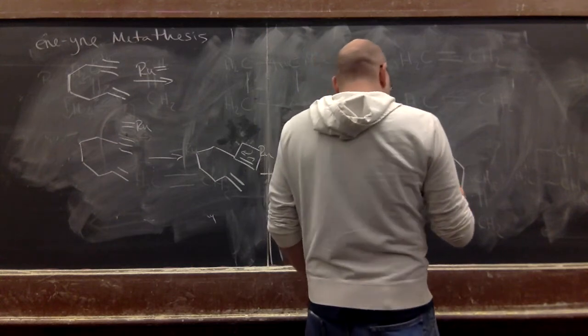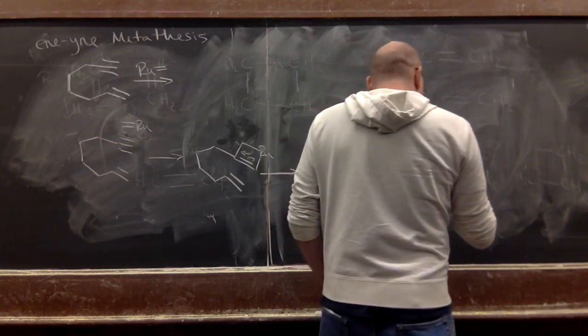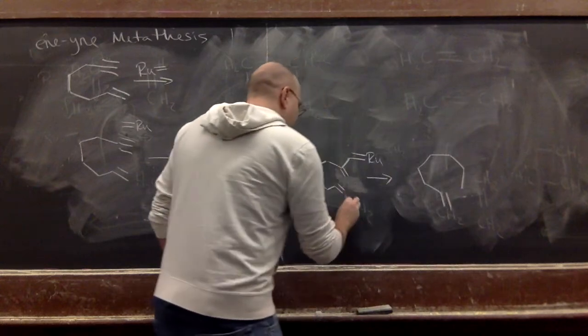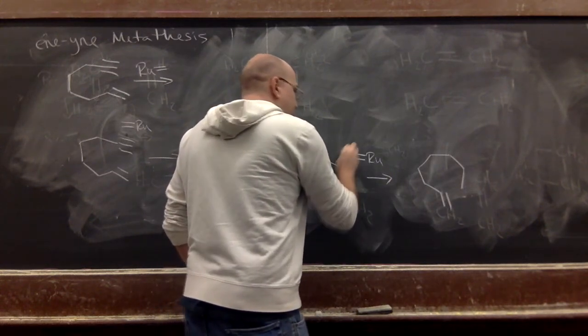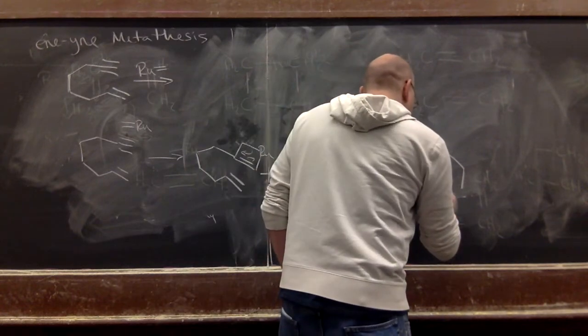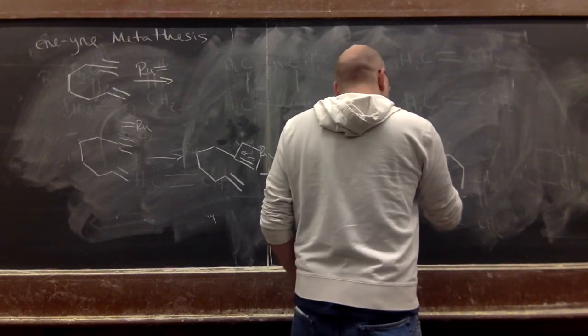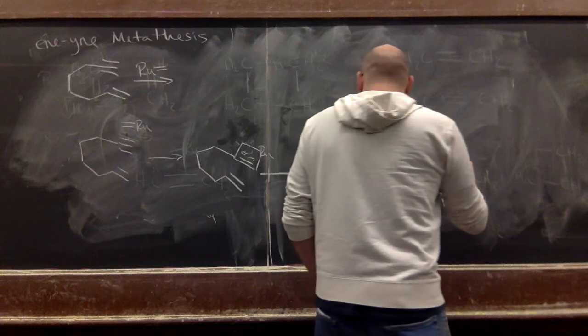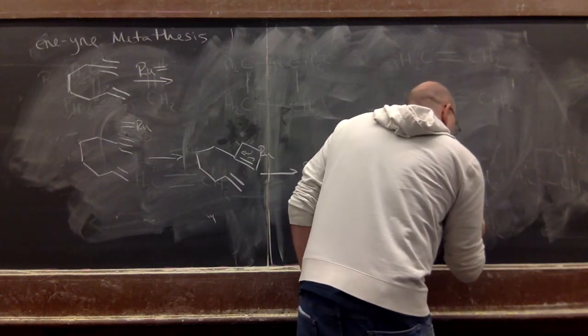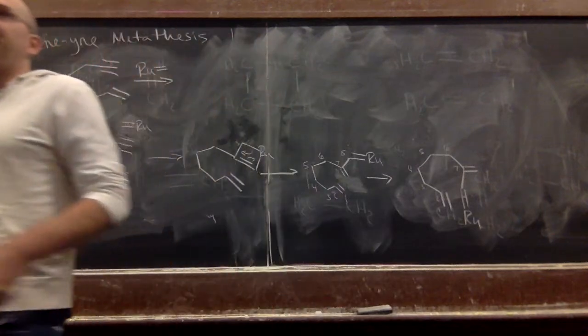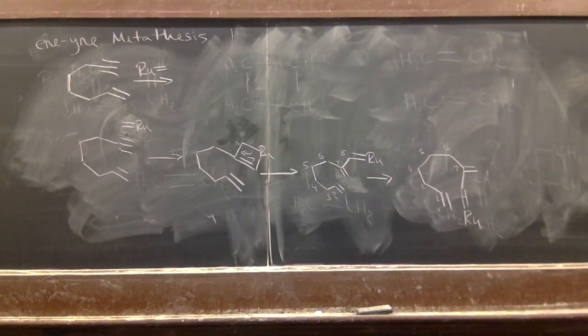Give me a second. Get up to this point, it's not reversible. So that's going to be 1, 2, 3, 4, 5, 6, 7, 8. 1, 2, 3, 4, 5, 6. 7 is going to have a double bond on it. 8 is going to have the ruthenium alkylidene on it. Right? Just do that.